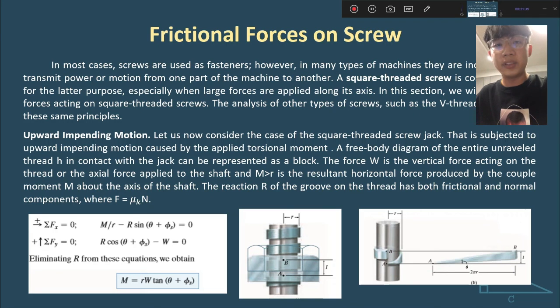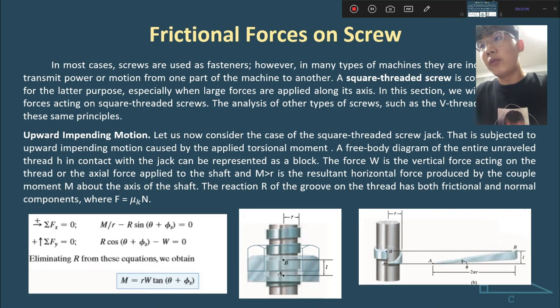M/r is the resultant horizontal force produced by the couple moment M about the axis. The reaction R of the groove on the thread has both frictional and normal components, where F is equal to µk times N. After doing the equations of equilibrium, we find that M is equal to r times W times the tangent of (theta plus phi s).